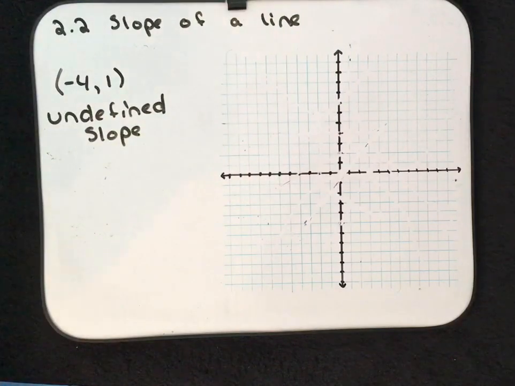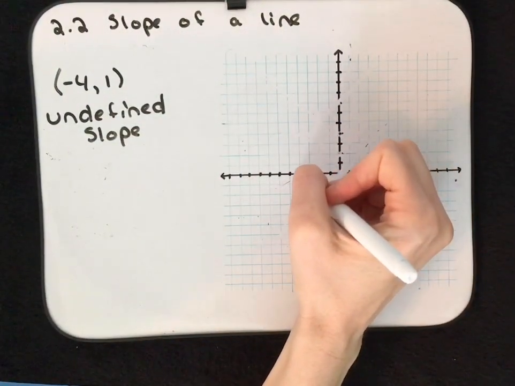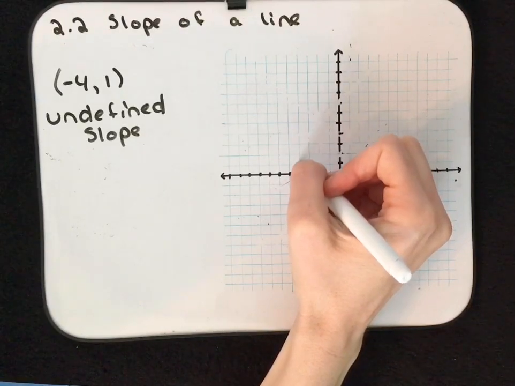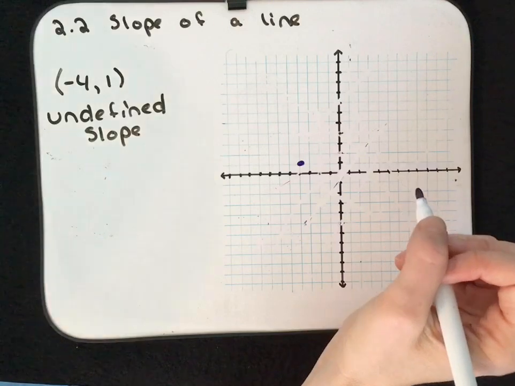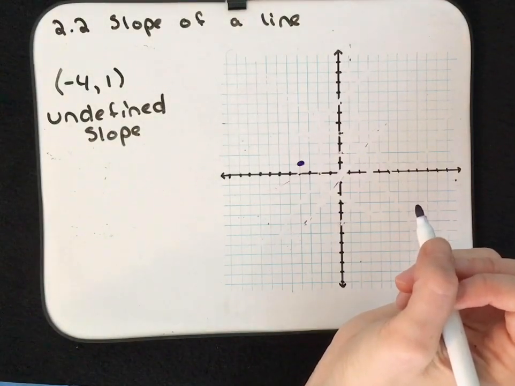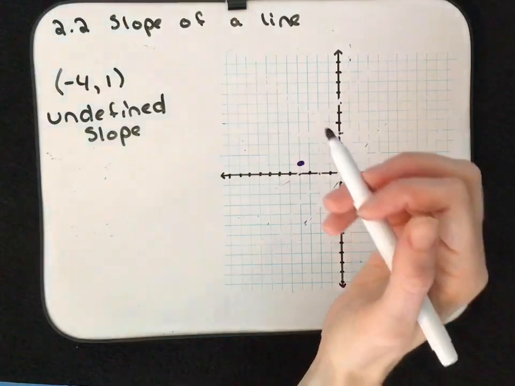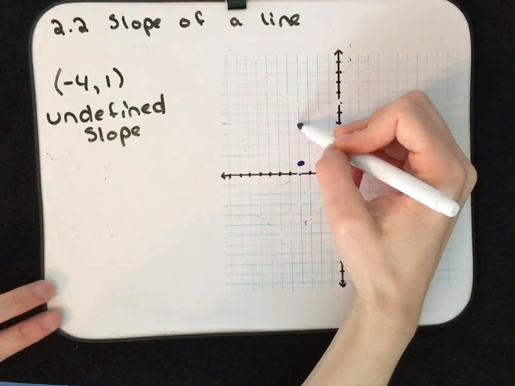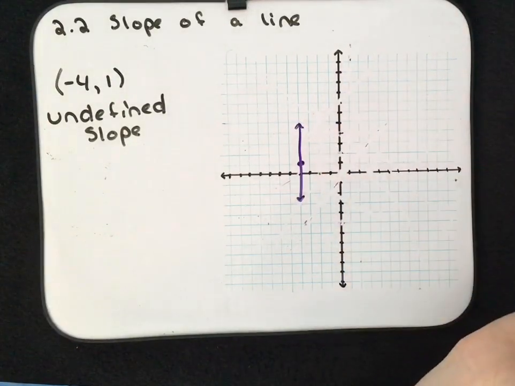So if we're looking at the point -4, 1, that means -4 on the x, and 1 on the y, so right here, and an undefined slope. Do you remember what's special about undefined slope? An undefined slope means that we are looking for a vertical line. So a vertical line looks just like this. Here we go.